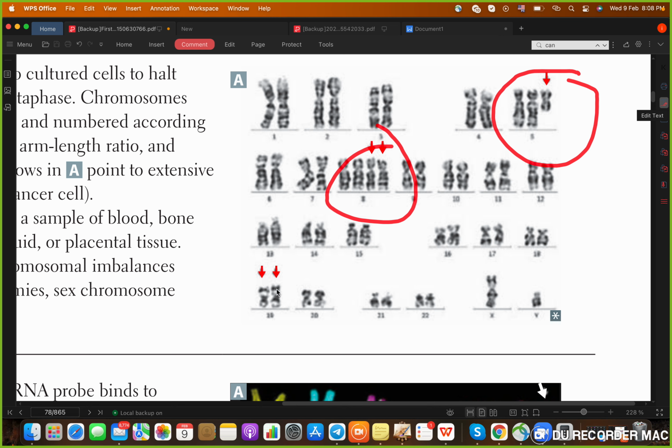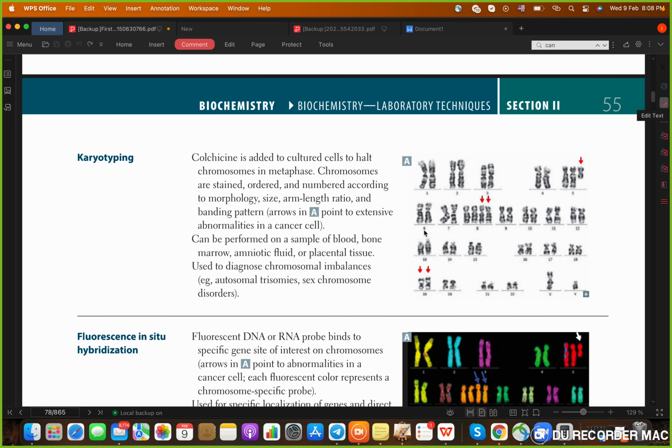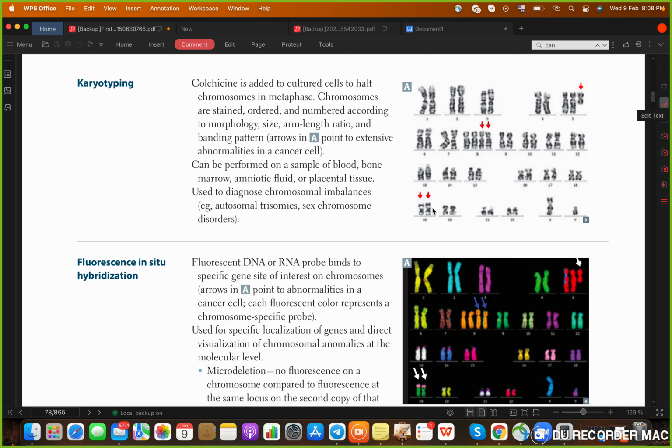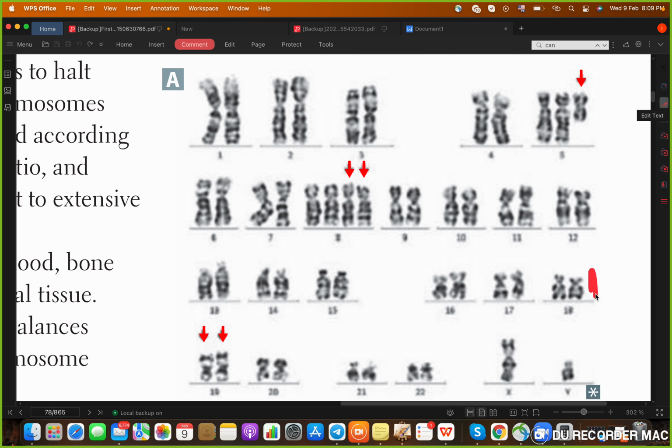Okay. Probably he has a little translocation here, but as I said before, translocations are really hard to see in karyotyping, but you can easily see them in FISH. So if you have, let's say, one more here, this is trisomy 21, three chromosomes of 21. This is Down syndrome. If it was 18, it is going to be trisomy 18.